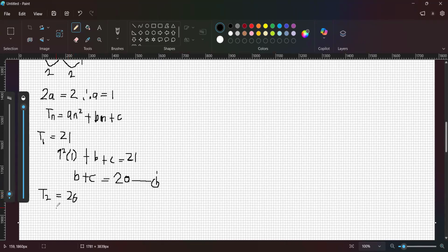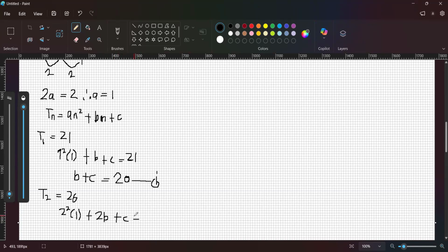And then if we substitute things, we'll have 2 squared, that's for n squared, still times 1, which is our a, plus 2b, because of the bn, and then plus c.